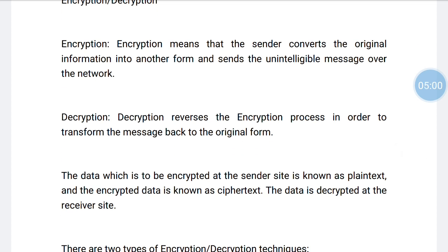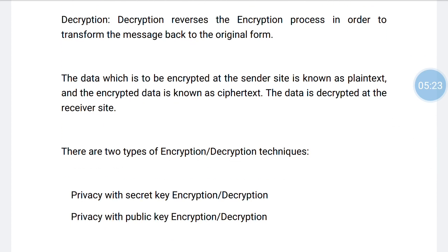The data which is to be encrypted at the sender side is known as plain text, and the encrypted data is known as ciphertext. The data is decrypted at the receiver side. This process of encryption and decryption of data is known as cryptography.